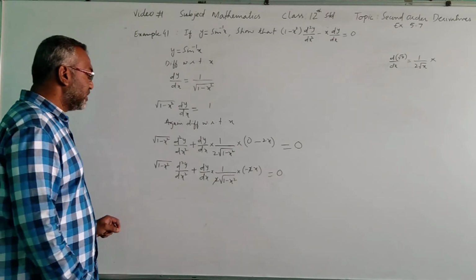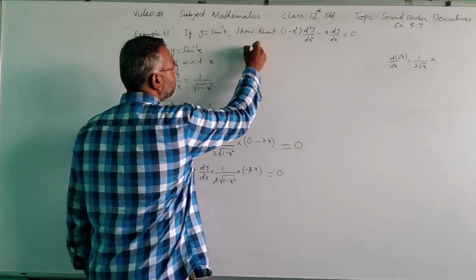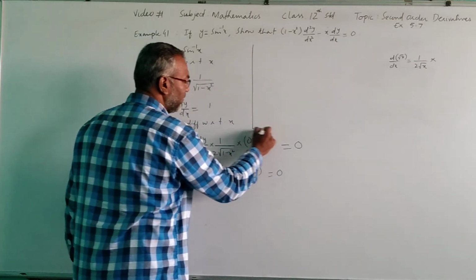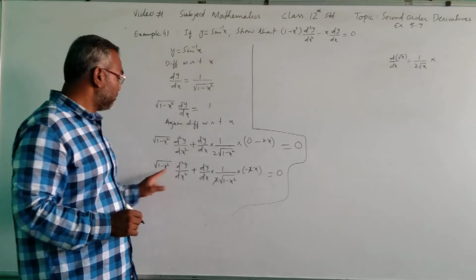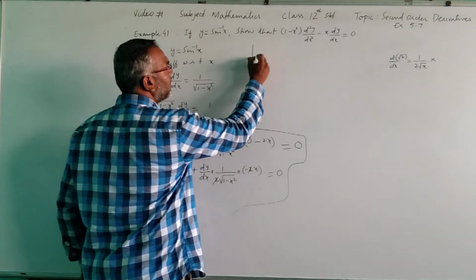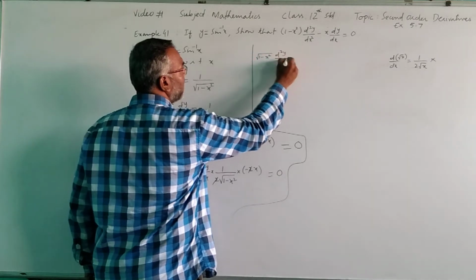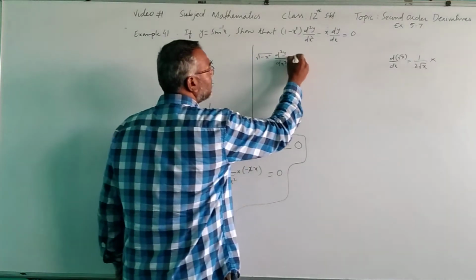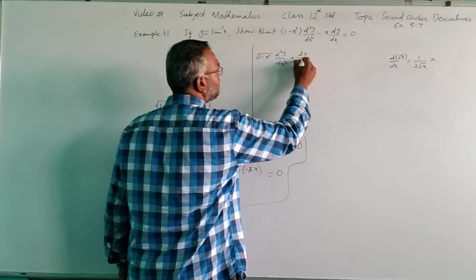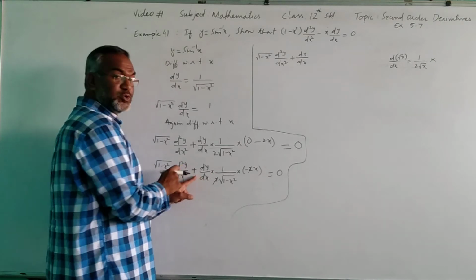Now this 2 and this 2 get cancelled. I'm writing it here now. After this step, it's root 1 minus x square into d square y by dx square as it is, plus dy by dx into, wait, do one thing.